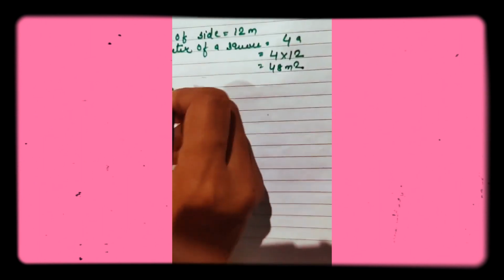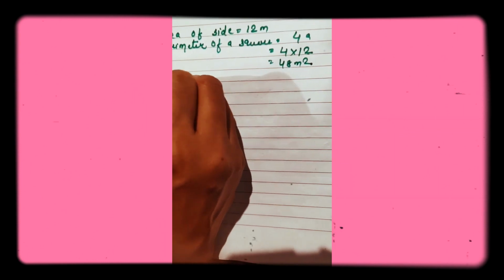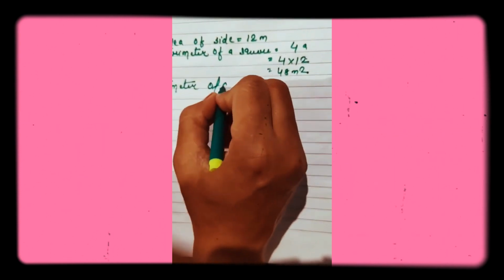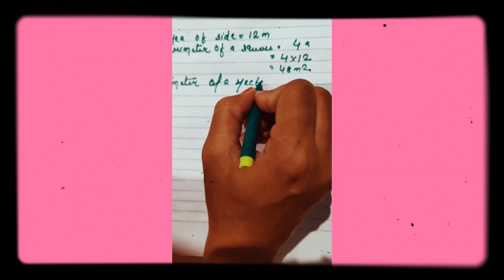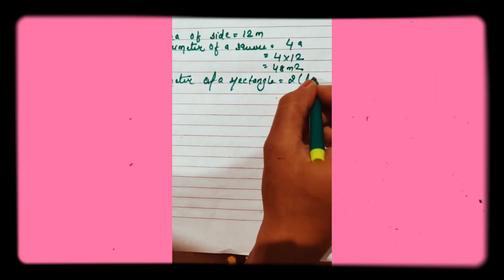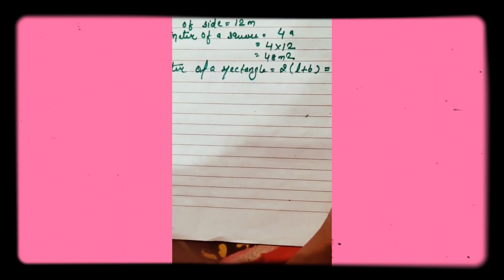Clear? Now we have to find out perimeter of a rectangle. Perimeter of a rectangle equal to 2 into L plus B equal to 48.